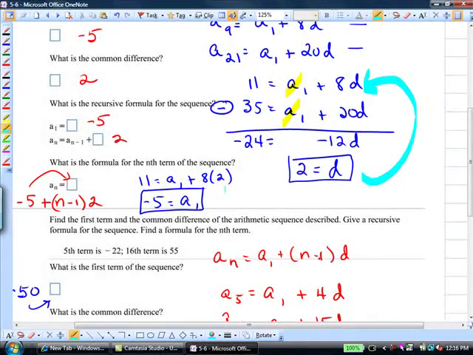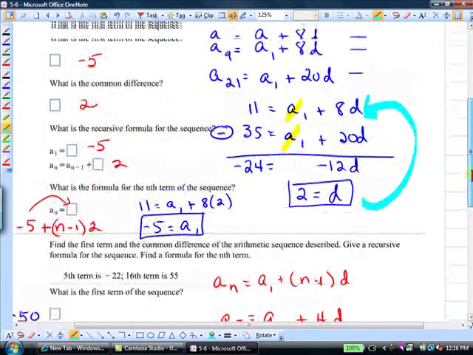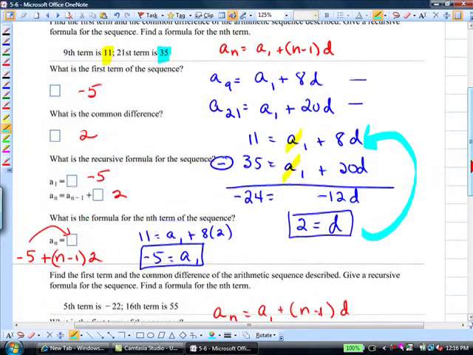All right, now I want you to do one, and I'm going to kind of hide the rest of this. And here's the work. Write that down, and I want to walk around and see how you're doing. The fifth term is negative 22. The 16th term is 55.